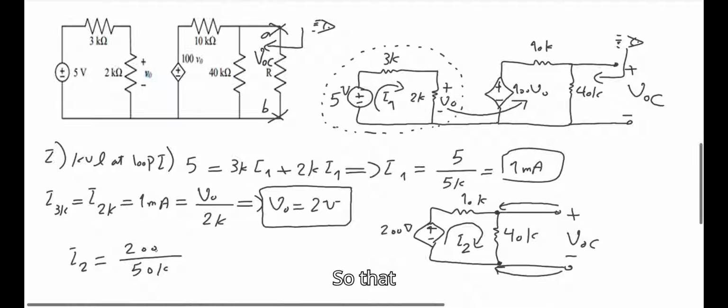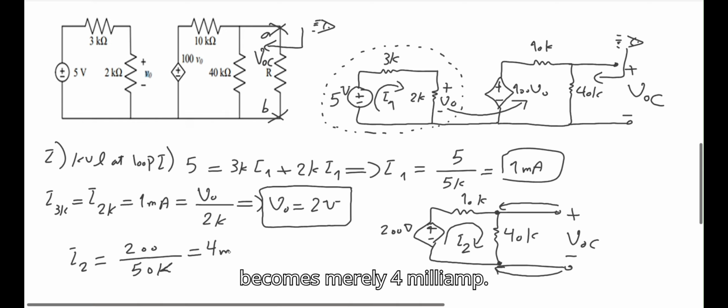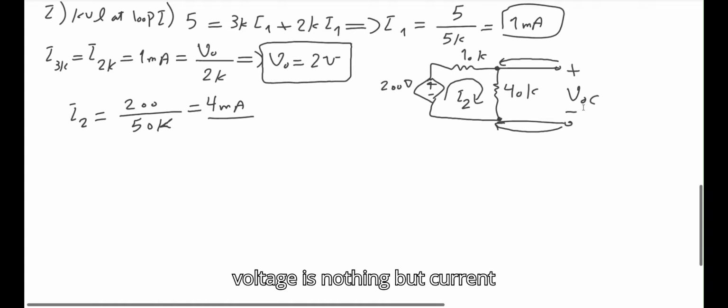So that becomes just 200 divided by 50, which is 4, and 1 over k, which is kilo, becomes milli, 4 milliamp. So the current I2 passes through 10k and 40k equally, and I know that V of OC, my open circuit voltage, is nothing but current times 40k.